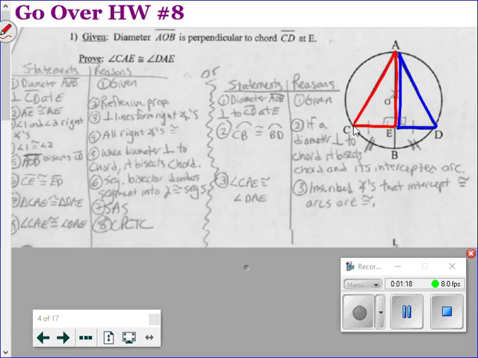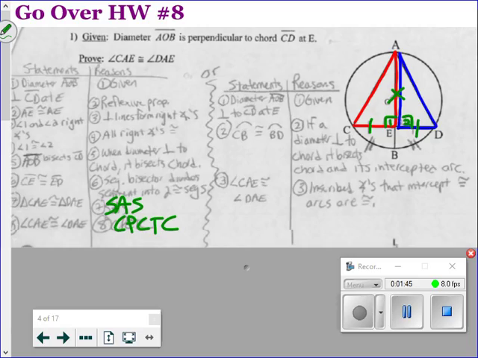In these two triangles, you have the reflexive property. Since it is perpendicular, you can say angles 1 and 2 are right angles, then all right angles are congruent. And if a diameter is perpendicular to a chord, it bisects it into two equal pieces. So we had side angle side to prove they were congruent, and then CPCTC.